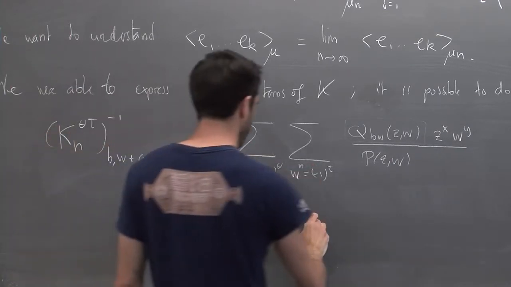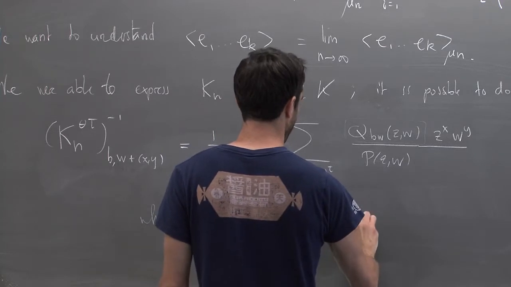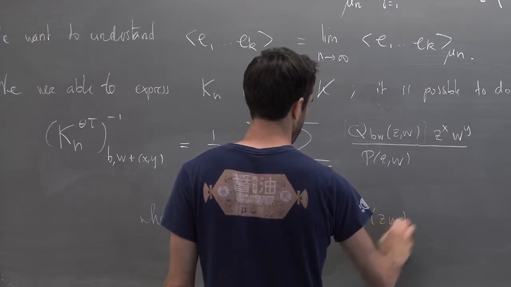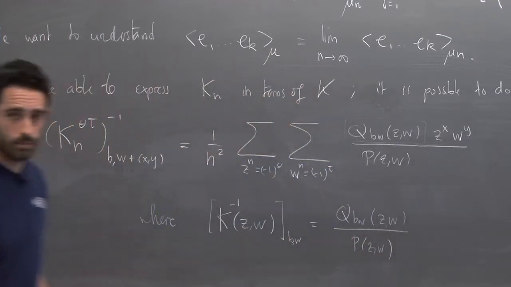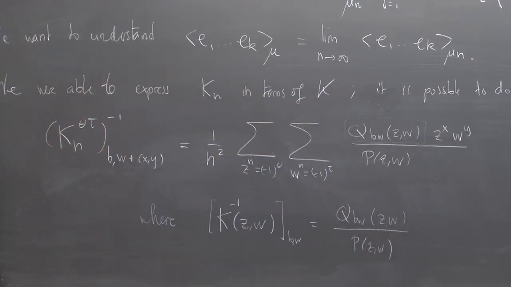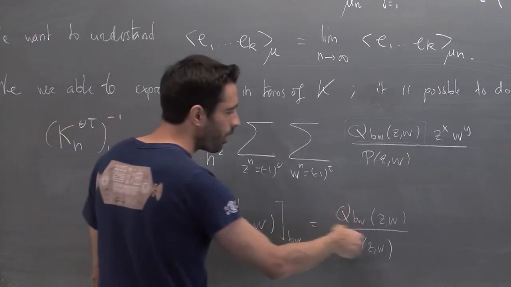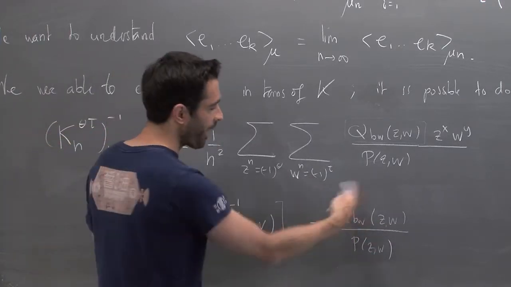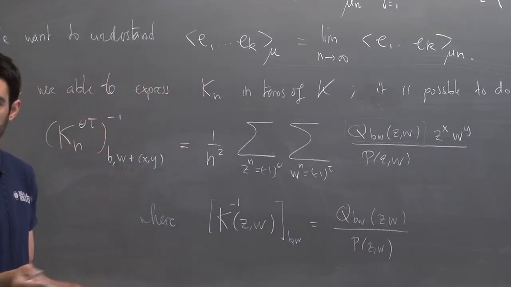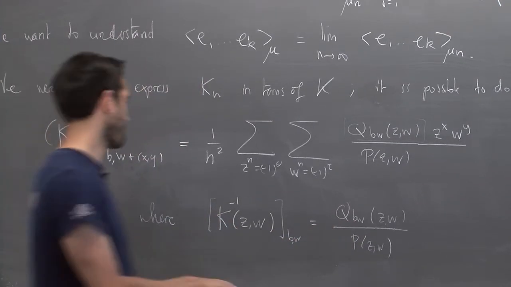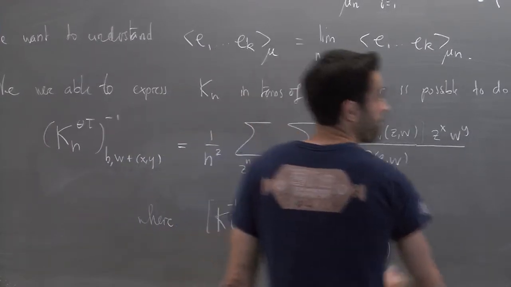So this is equal to, this defines this. Okay, so this is some polynomial that will play no role. There are a finite number of them. It just depends on B and W in this fundamental domain, and that's it.